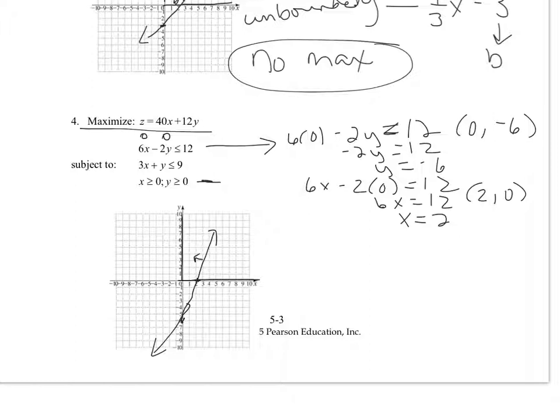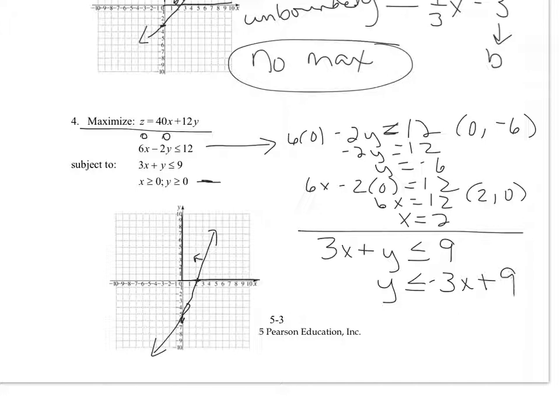So that tells me I need to shade on this side of this line. Now, I need to take the 3x plus y is less than or equal to 9, and also get it on the graph. So we can, again, use either method, either slope-intercept form or intercepts. If I put this in slope-intercept form, my 3x plus y is less than or equal to 9 turns into y is less than or equal to a negative 3x plus 9.